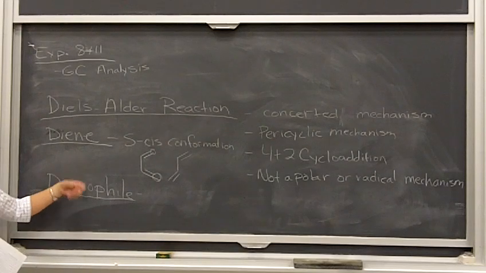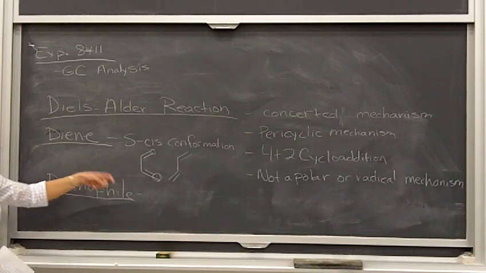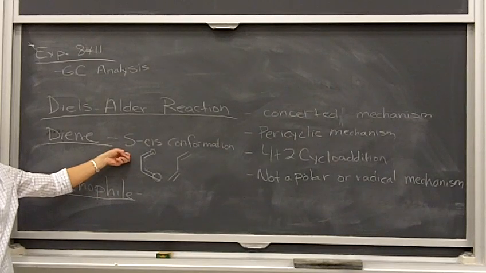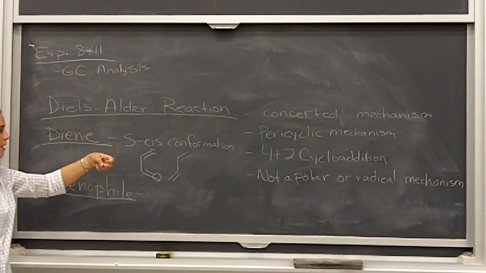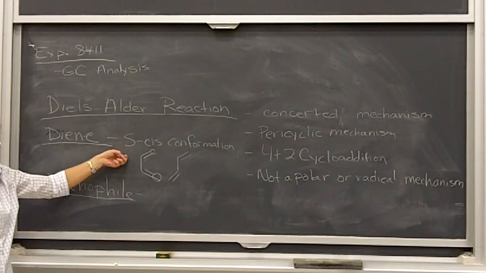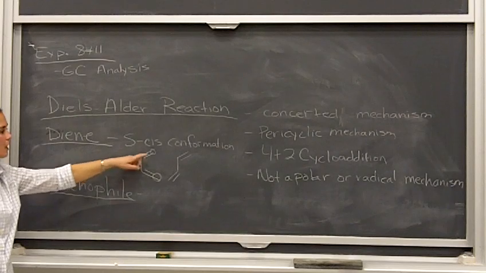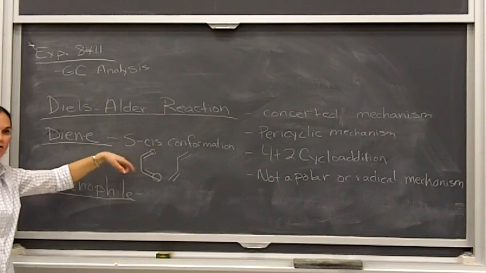Now for the dienophile, you want the dienophile to want to react with a diene. So if you want something to react with something that has 2 double bonds, you want it to have electron donating groups or electron withdrawing groups? Because you've already got some extra electrons here, right?